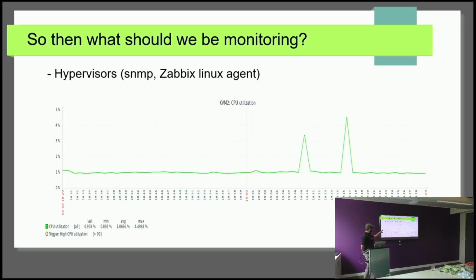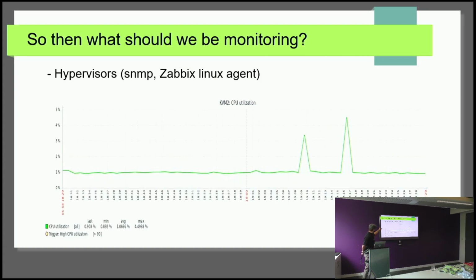In this case, I have a graph here with a CPU utilization of a KVM box. Of course, it's really easy to keep track of that, and you can do the monitoring via SNMP, or if it's a Linux hypervisor, the KVM hypervisor, you can just install the Zabbix Linux agent there and export a lot of metrics and have monitoring for whatever you want.